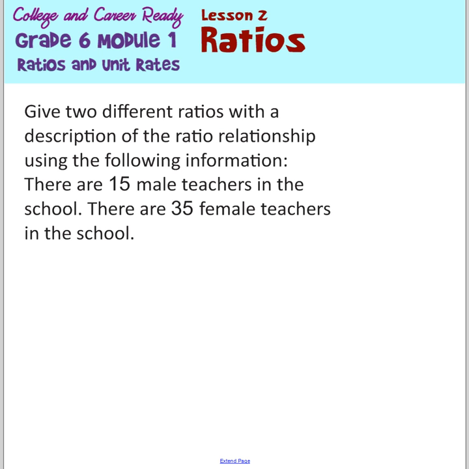So the ratio relationship, remember that's the description with the words: the number of male teachers in the school to the number of female teachers in the school is 15 to 35. But it says to give 2. So how would you write another one? Give yourself a chance, write it down, and I'll talk to you next time.